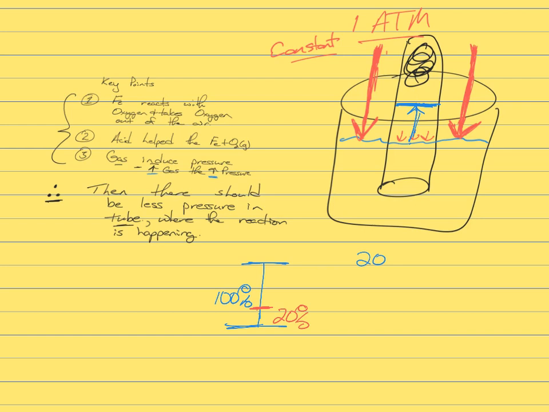That's it. That's as far as it moved. Then we can make a good guess that about 20% of the atmosphere is oxygen. It's a beautiful lab. It's a beautiful, logical lab.